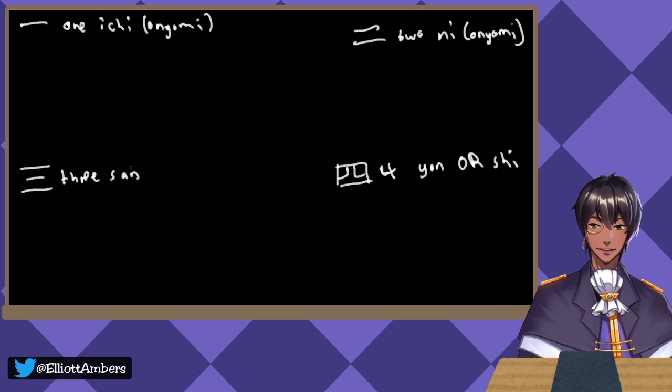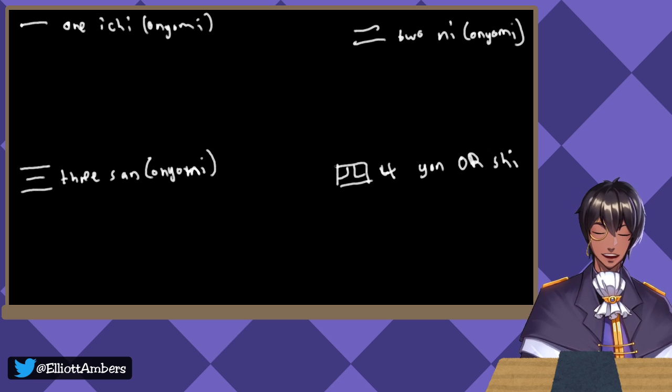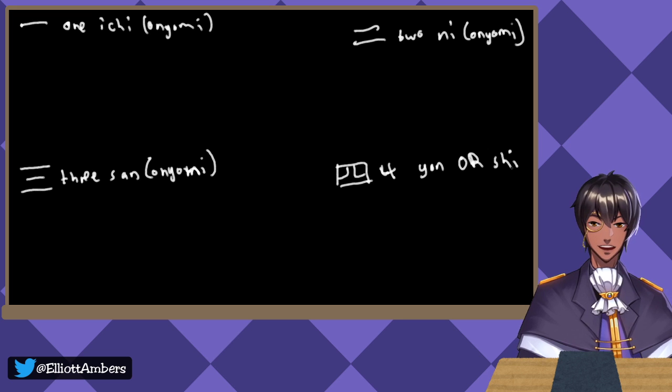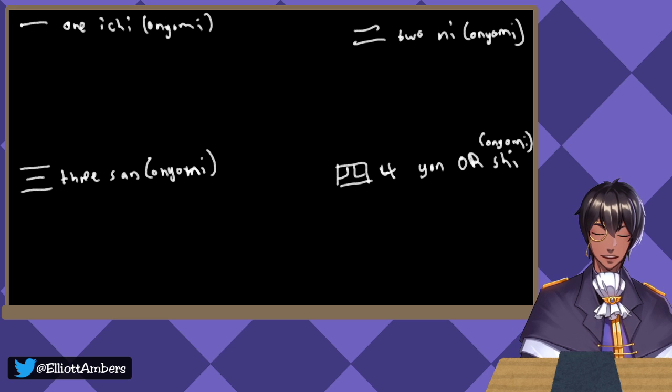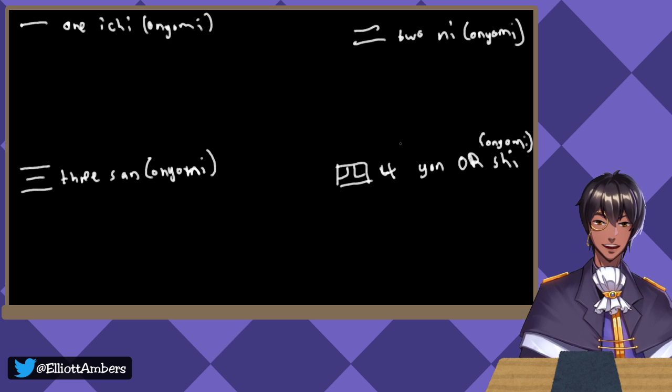San, again, that traditional Chinese reading. And then 4, actually, Shi, this is the Onyomi reading. This is the traditional Chinese reading, while Yon, this is Kunyomi.